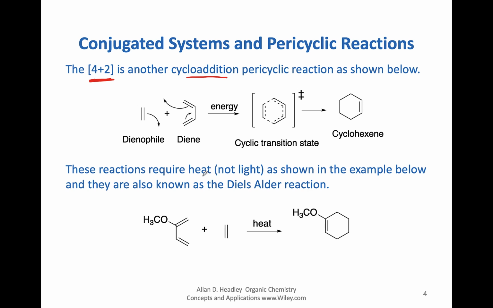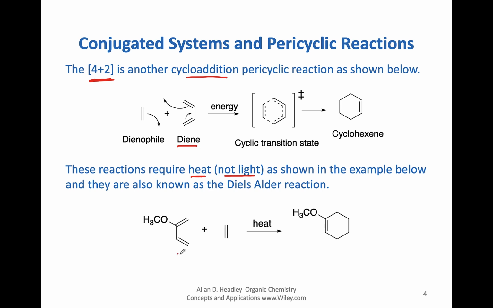We mentioned that the last reaction, which is the 2 plus 2, requires light. For these reactions here, however, which is the 4 plus 2, heat is required. As shown in the example here, we have the diene.